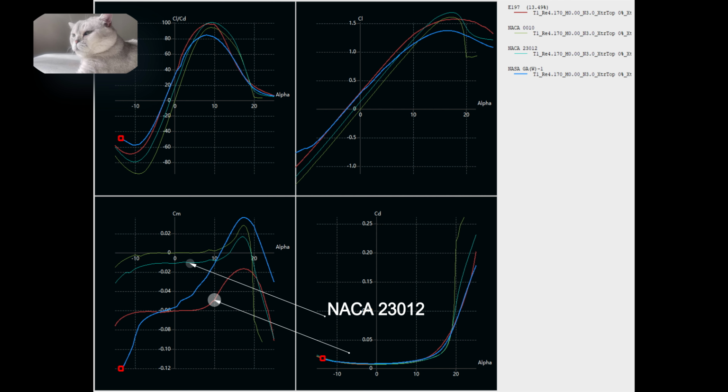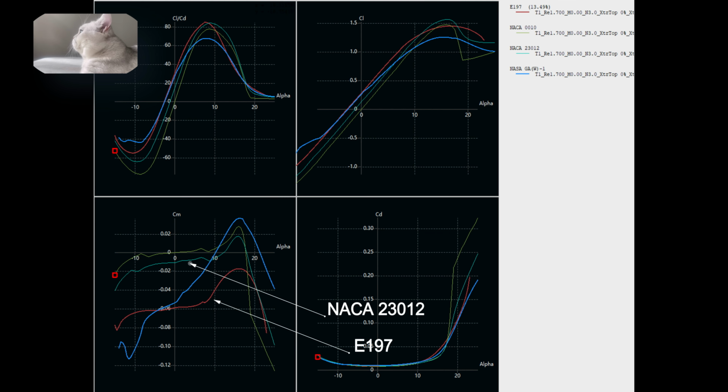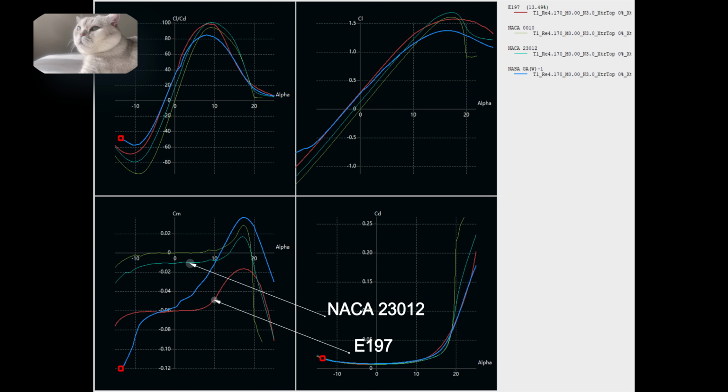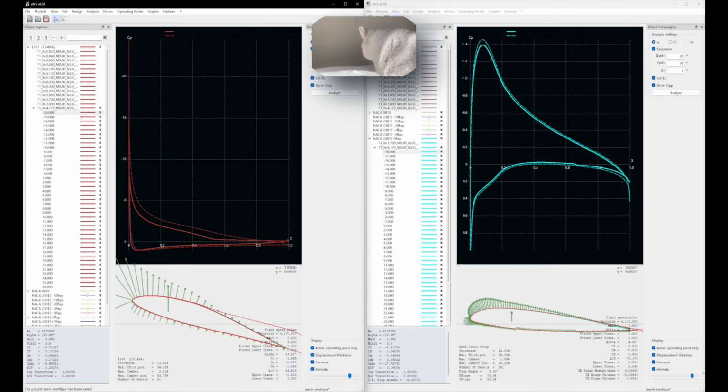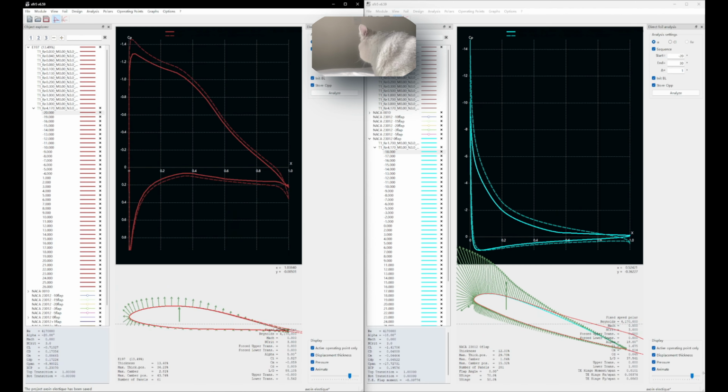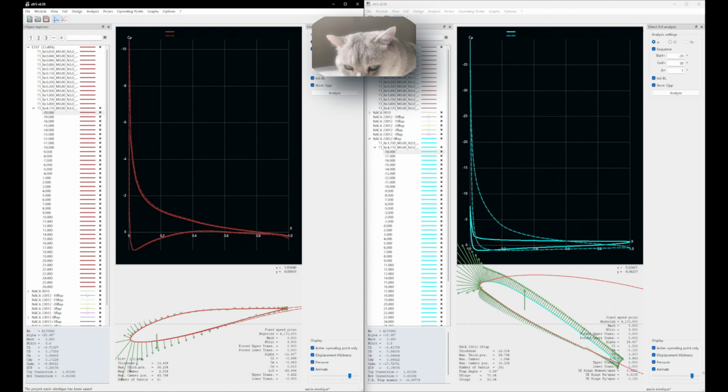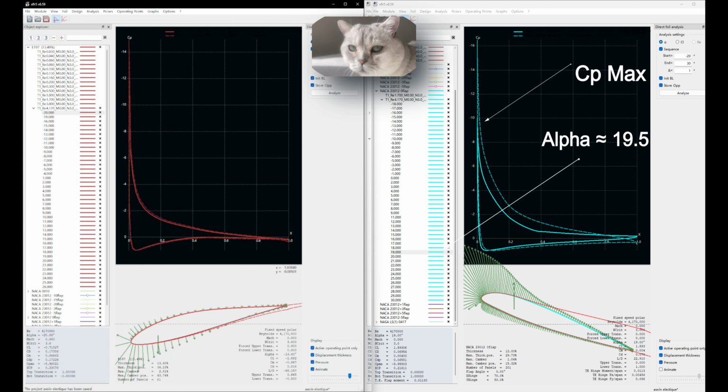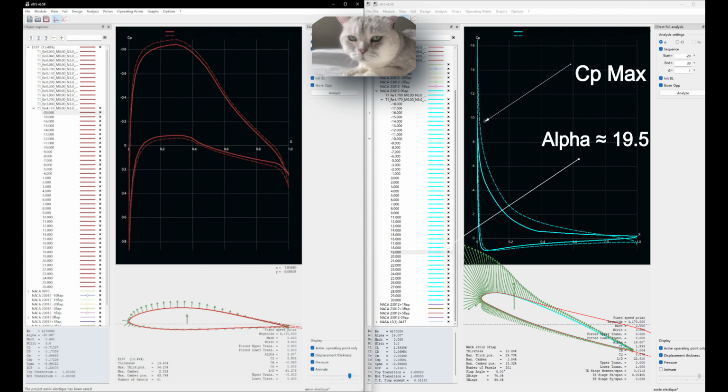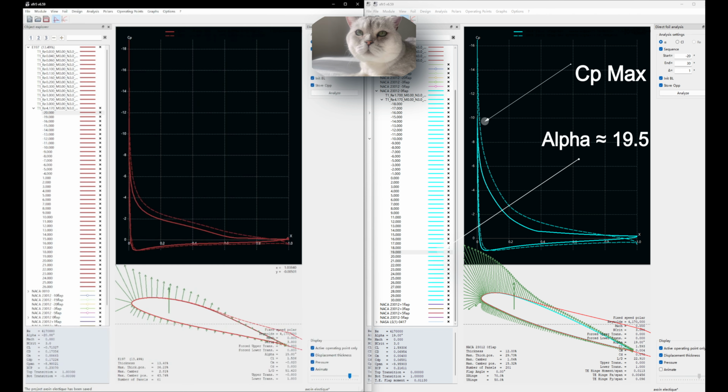After selecting the two airfoils, NACA 23012 (blue line) and E197 (red line), we compare the CP diagrams at different angles of attack to make the final choice. The analysis of the CL-alpha plot shows that the stall angle of the NACA 23012 is around 20 degrees, while in this case it reaches 19 degrees.